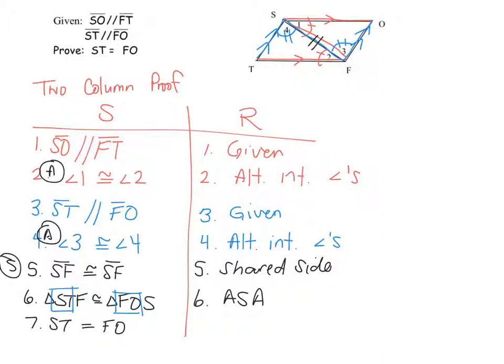ST and FO line up. If I look at my triangle up here, ST is right here, FO is right here. They correspond. So they are indeed congruent. I can throw congruent marks on there. And I can write CPCTC over here as my reason. So that is my third proof.